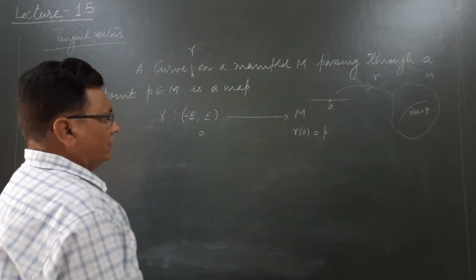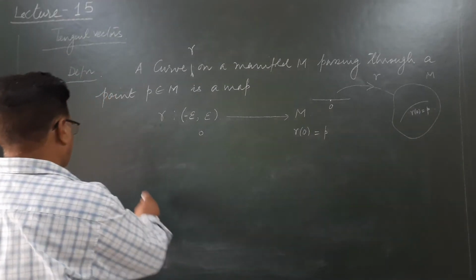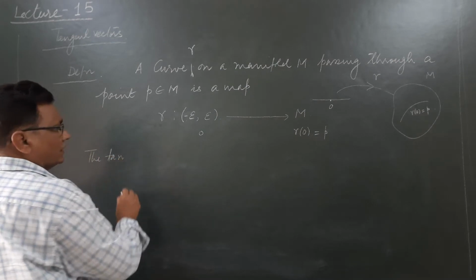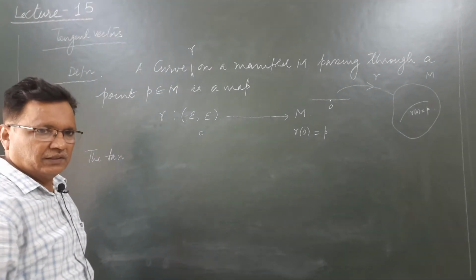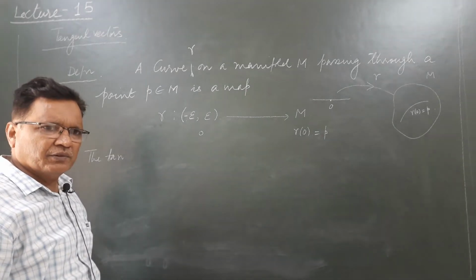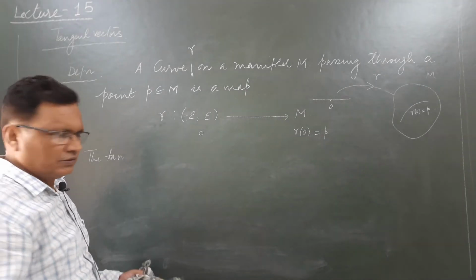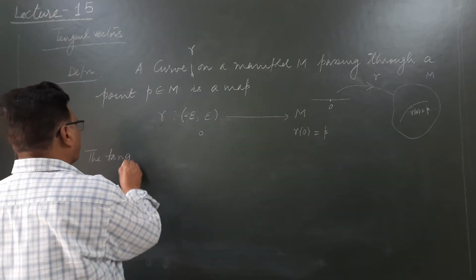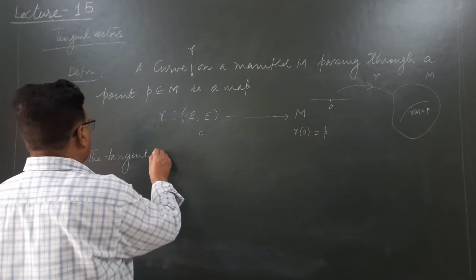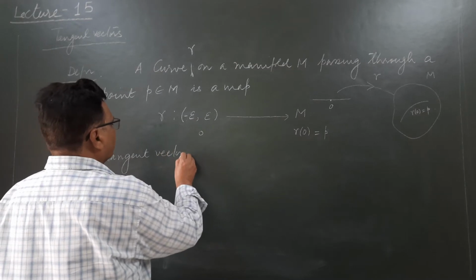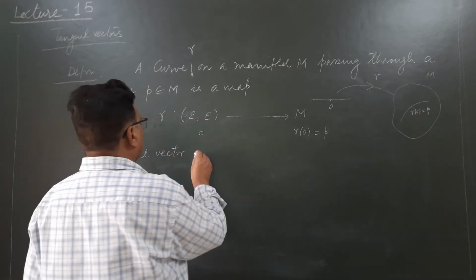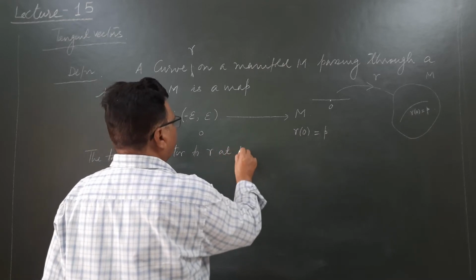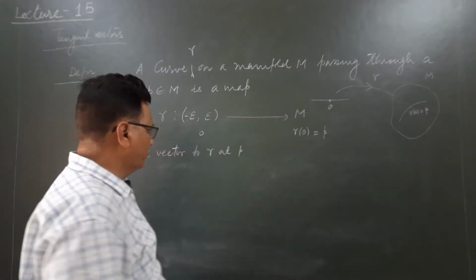So the tangent to the curve gamma, it's a continuous map. Yes. You can take a differentiable map also. No problem, because you understand the meaning. So the tangent vector to gamma at P is gamma 0 is what?